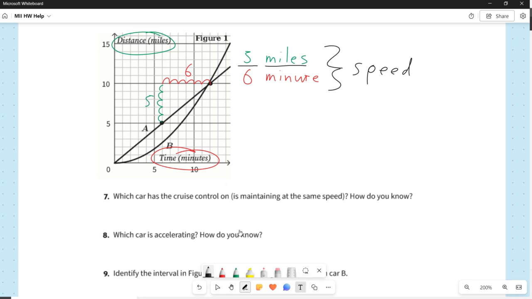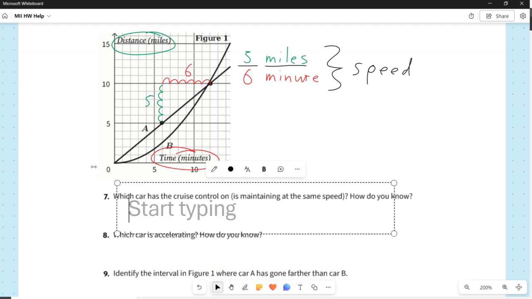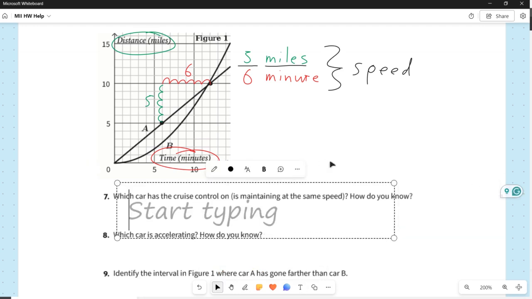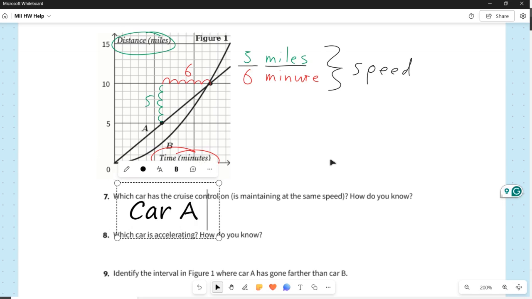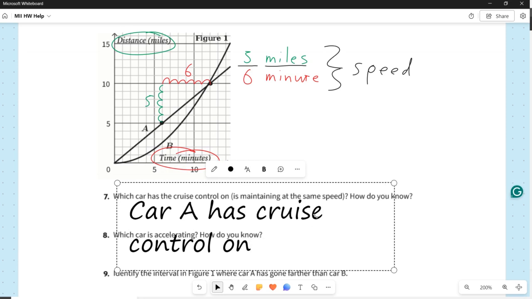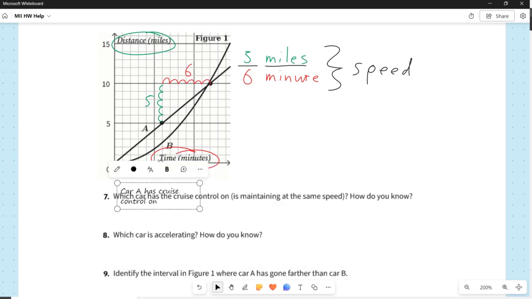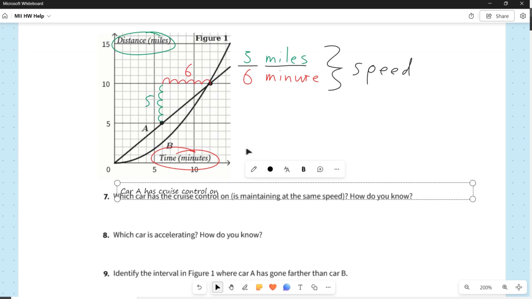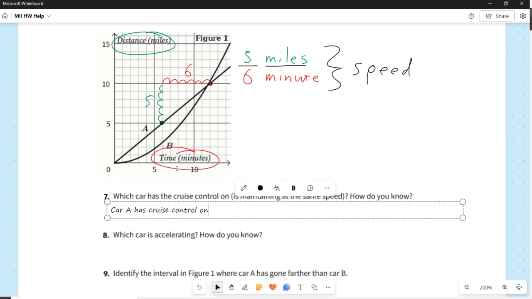And so our answer for 7 is car A has cruise control on, because the rate of change, speed, or slope in this case, is constant.